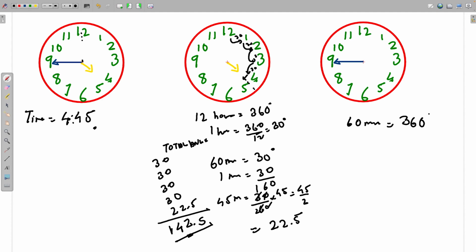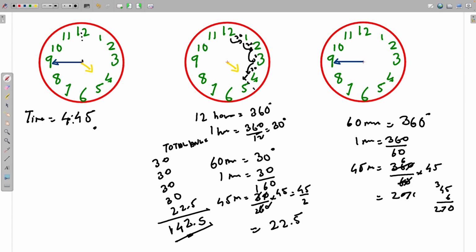So for 1 minute, that is 360 divided by 60, and for 45 minutes it is 360 divided by 60 times 45. We have 6, so now it is 45 times 6, so the total is 270.